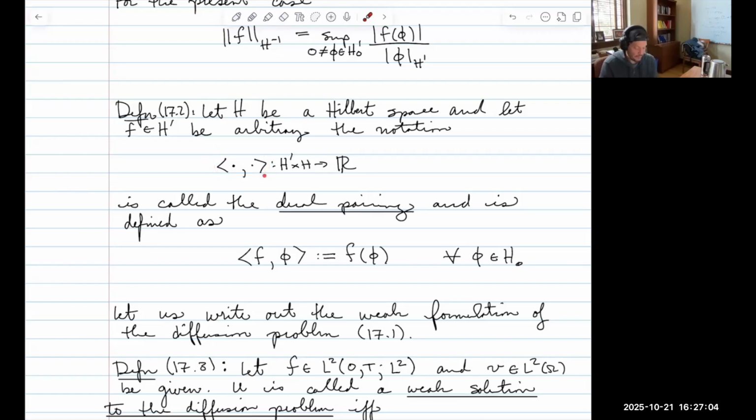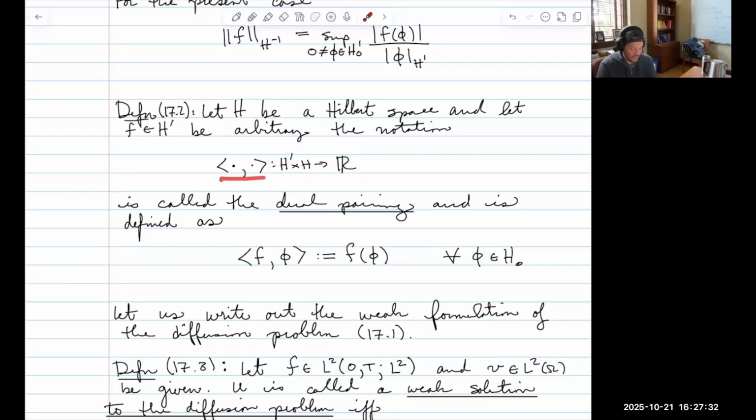The angle bracket is not exactly like an inner product because the order of what you put in this position and this position matters. What I need to put in the first position is a linear functional, and the second position takes an object from the Hilbert space, whatever it happens to be. It combines them and somehow produces a real number.